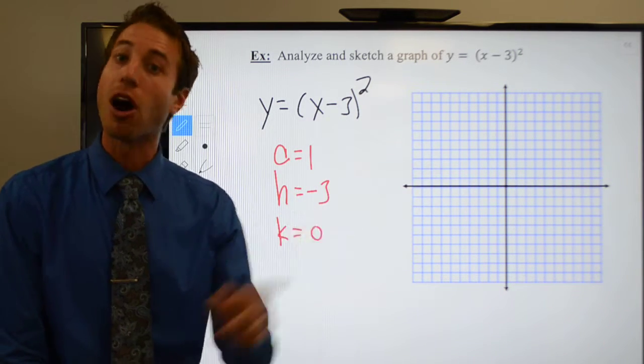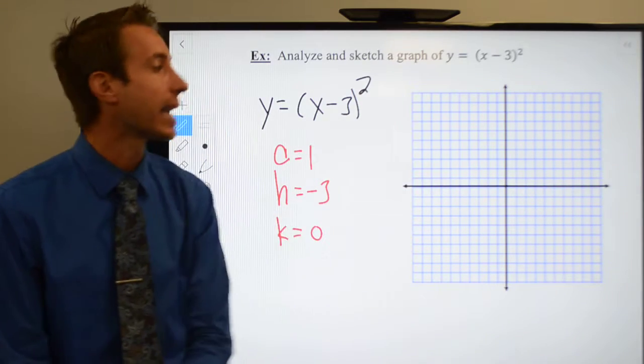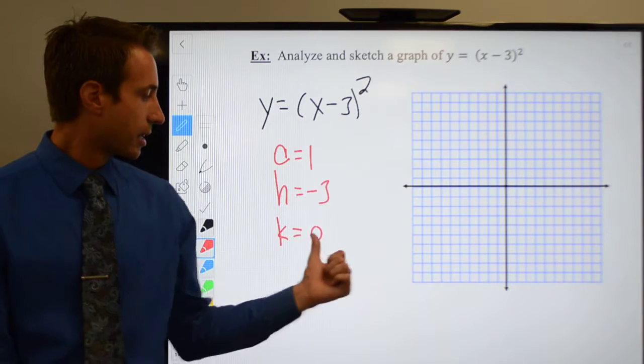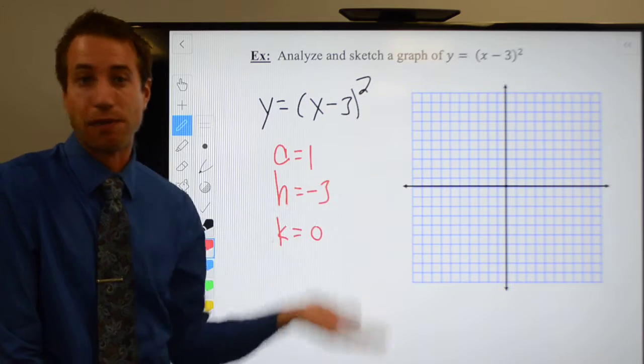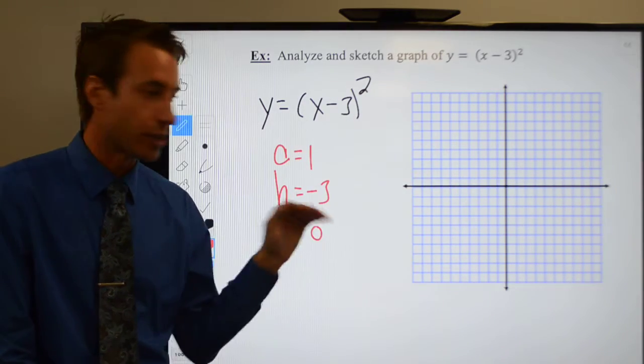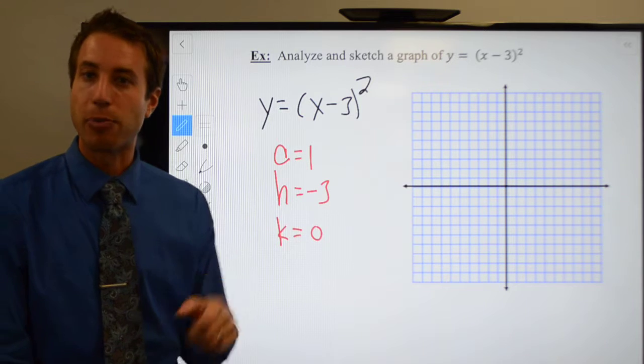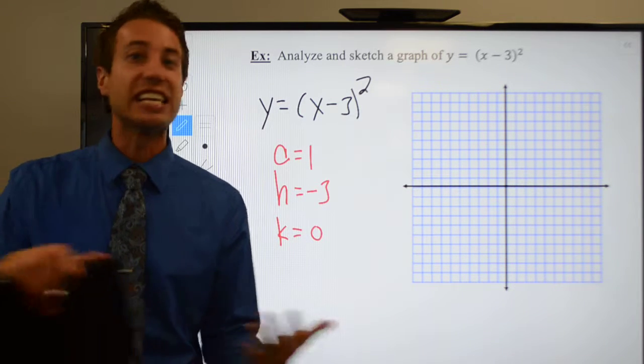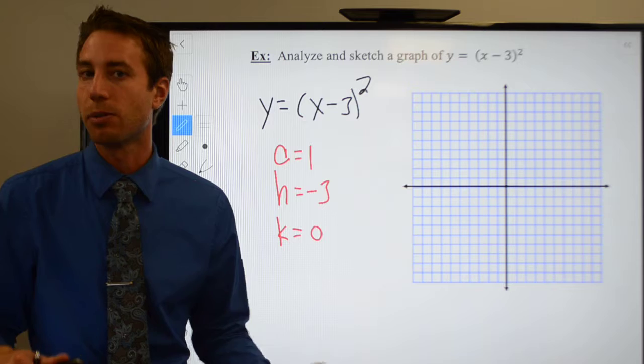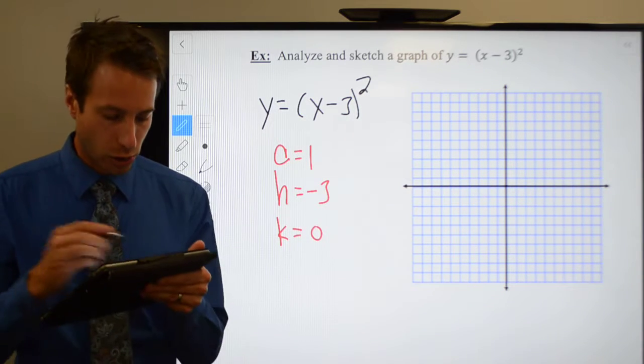It's going to be in the positive direction, so I will shift to the right 3 units. k is 0, so I don't have a vertical shift. It doesn't shift up or down. It just stays on the x-axis. And since my a is 1, I know that my parabola is going to open up, and there is no stretch or compression. It'll just be a standard looking parabola.